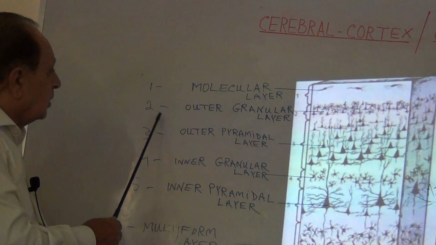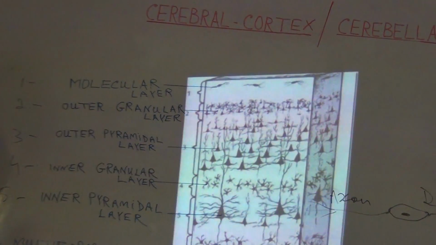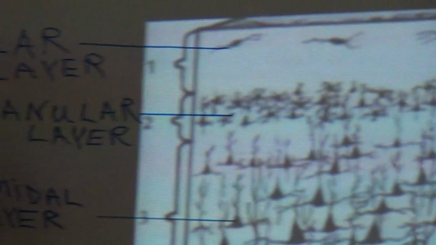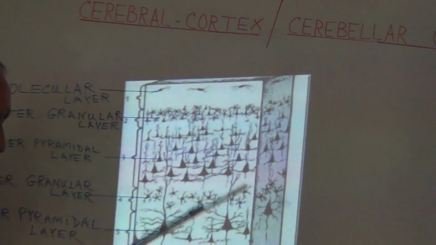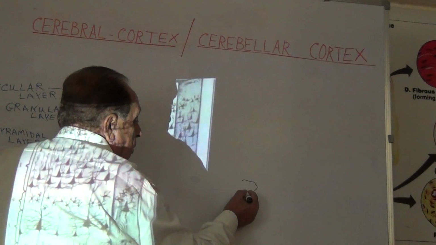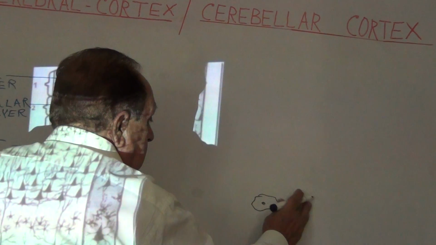Then the second layer is called the outer granular layer. This layer contains small star-shaped cells with a small body.